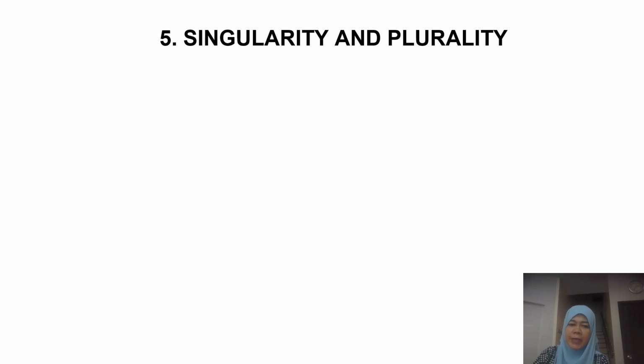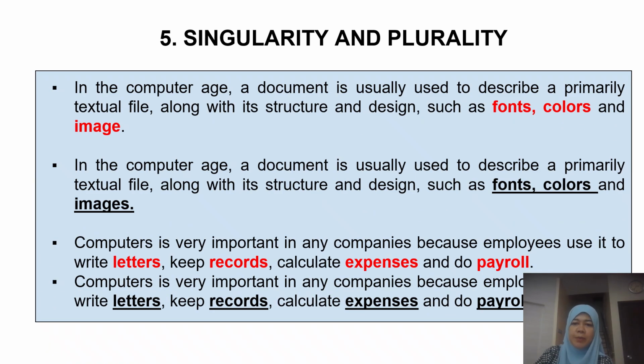Okay, the fifth type is singularity and plurality. So you know what is singular? Singular is something that is less than 2. Okay, 1.5 is still 1. It's still singular. Okay, so 2 and above is considered as plural.